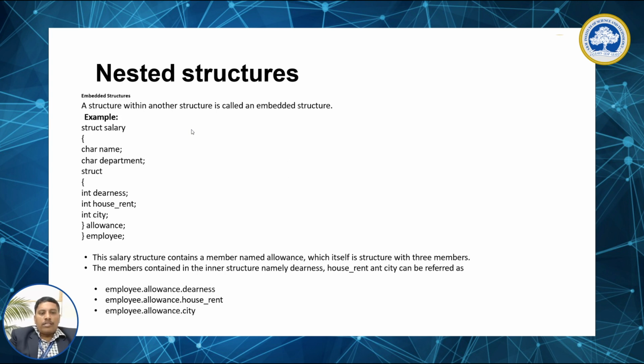So the salary structure contains a member named allowance, which is itself a structure with three members: dearness, house rent and city. To access the members of the inner structure, I use the outer structure name, employee dot my inner structure name allowance, then I access all three members: dearness, house rent as well as city.